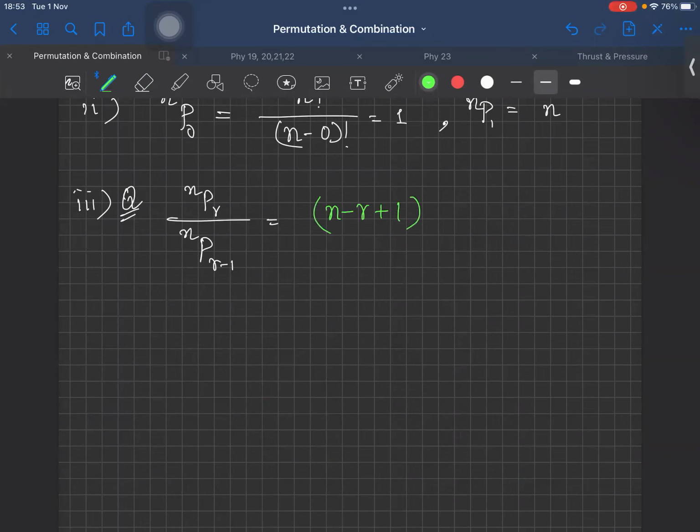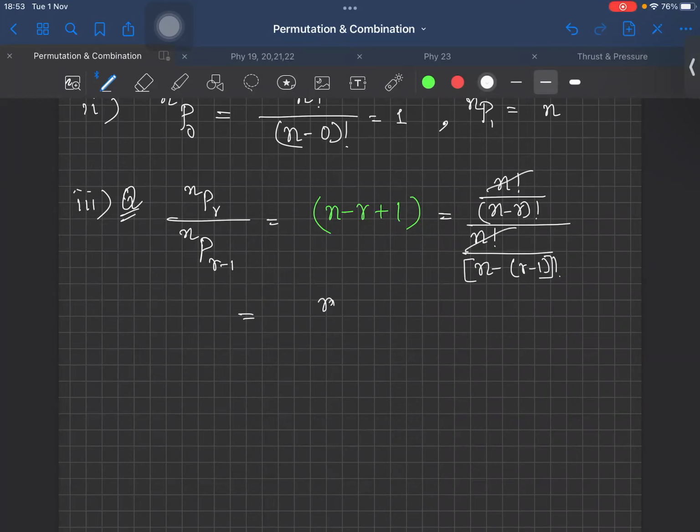Correct. Anybody need explanation for this? It's really simple, right? It is n factorial upon n minus r factorial, whole divided by n factorial upon n minus r minus 1 factorial. So you can write this as, n factorial we can cancel out.